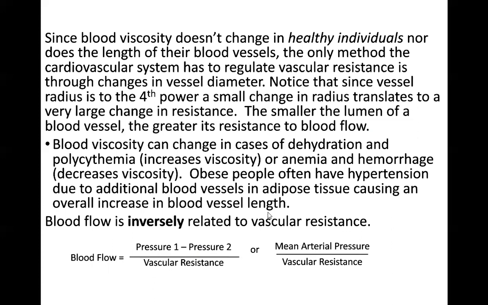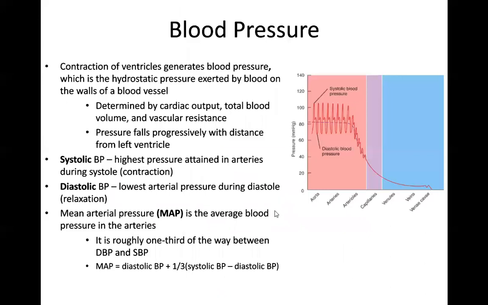Average. So instead of having two numbers, like 120 over 80, you can actually combine them and get the average blood pressure in your vessels. We call this mean arterial pressure. Now, it's not as simple as just adding them together and dividing by 2, because if it was 120 over 80, you add those up together, that's 200. You divide by 2, that's 100, right?